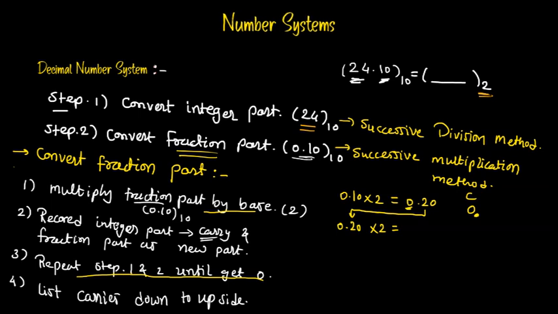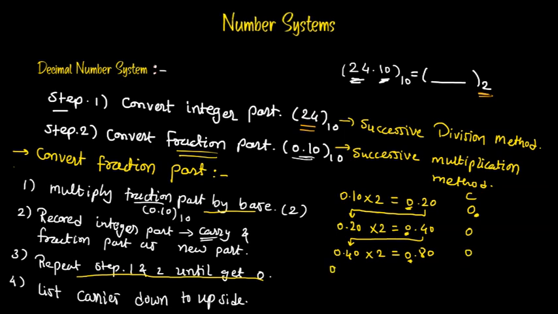So if I multiply again, I get 0.40. Here we again have the integer part 0. Consider this fraction for the next step. 0.40 multiplied by 2 is 0.80. So consider this integer part as the carry.